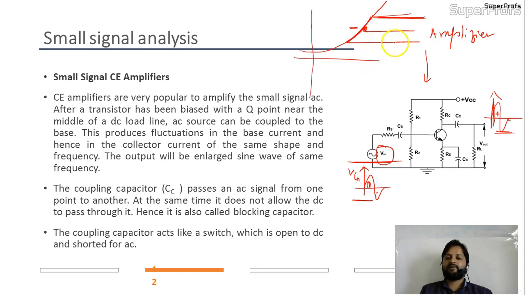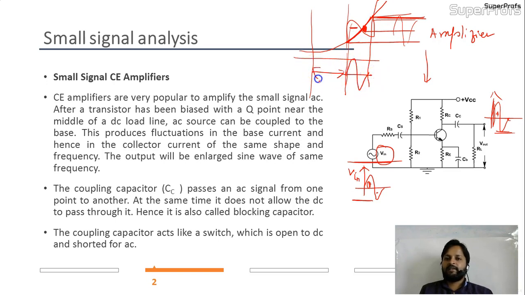Is it okay? There was no distortion, there was no clipping at all. So once you choose this Q point, now your AC signal will fluctuate around this only at the output also. Is it okay? So for this you need to apply your input at this region only. At this region only you have to apply.